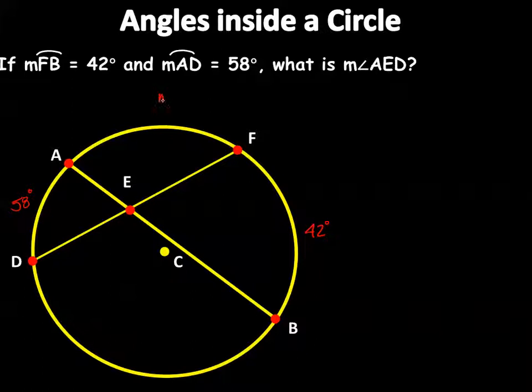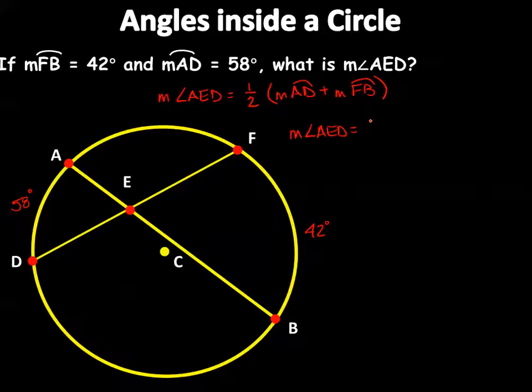Okay, we want to know, what is the measure of angle AED? Well, we learned that if we take half the sum of its intercepted arcs, that's going to be the measure of arc AD plus the measure of arc FB. There we go. So angle AED is going to equal half. AD is 58, FB is 42.